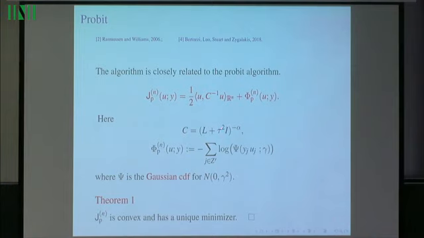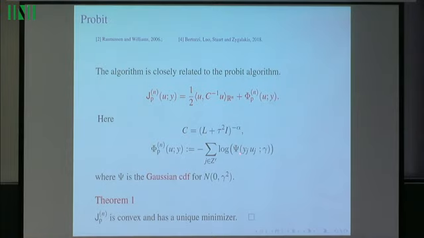The second term, okay, I'll come back to probit in a second. What do you need to know about this? It's essentially, if gamma is small, which means that the noise in the model is assumed to be small, this function forces uj to agree with the sign of yj.